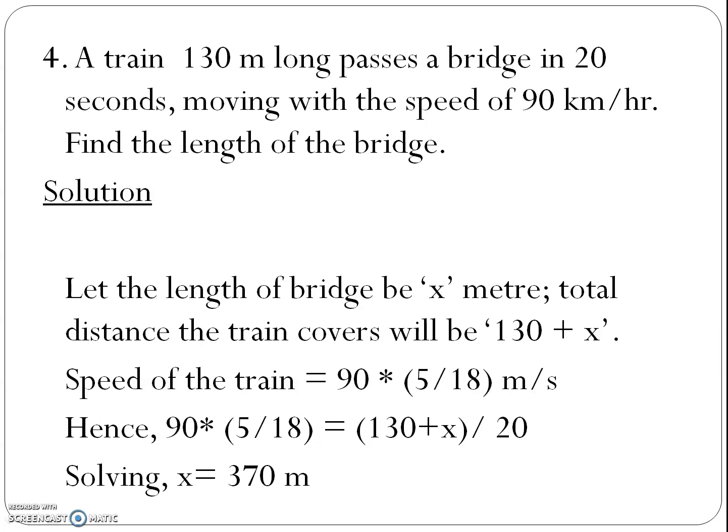Therefore, the speed of the train, it is given, is 90 kilometers per hour. We convert the unit, so we are multiplying by 5 by 18. So the speed of the train will be 90 into 5 by 18 meters per second.